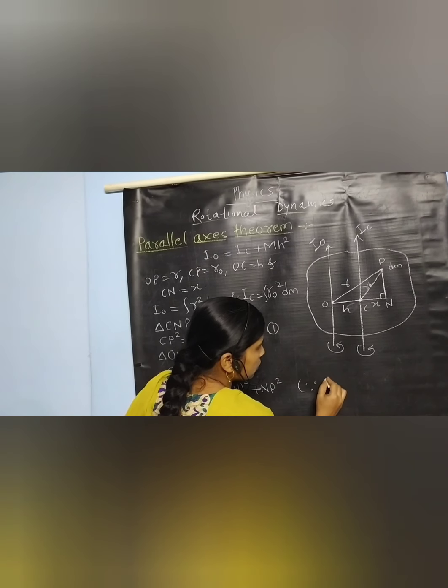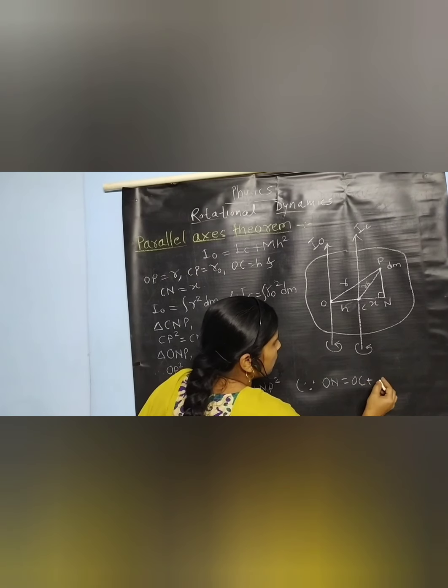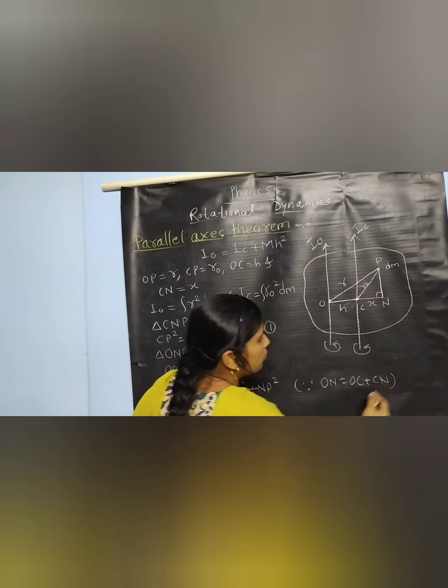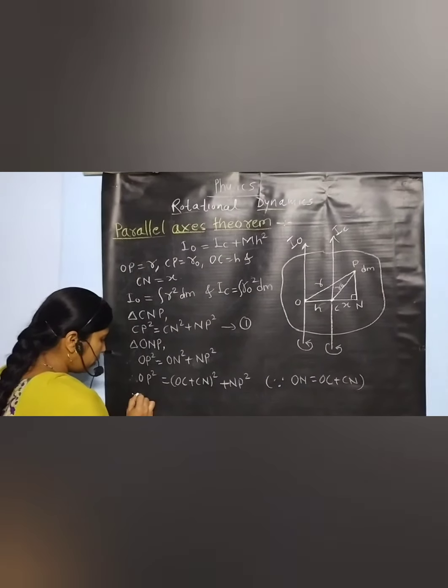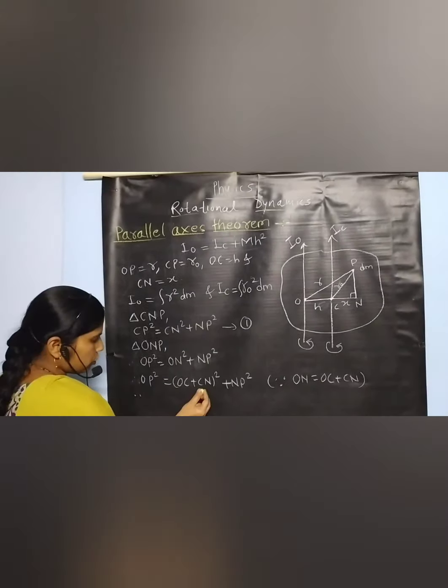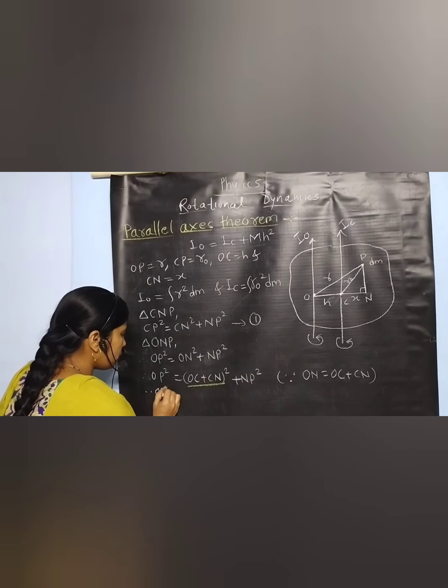Why are we getting this? ON is equal to OC plus CN from the figure. We get this value.